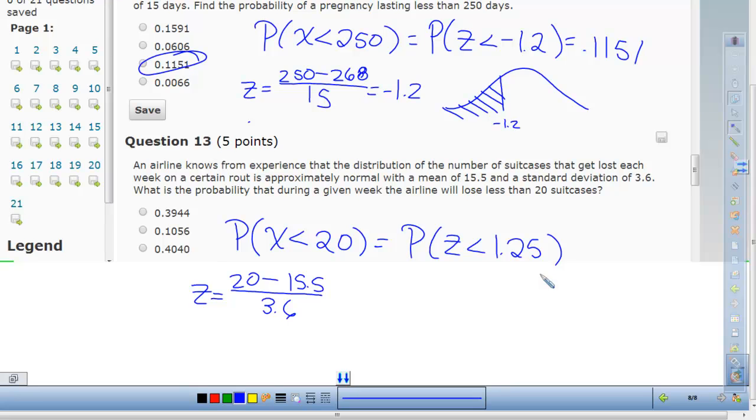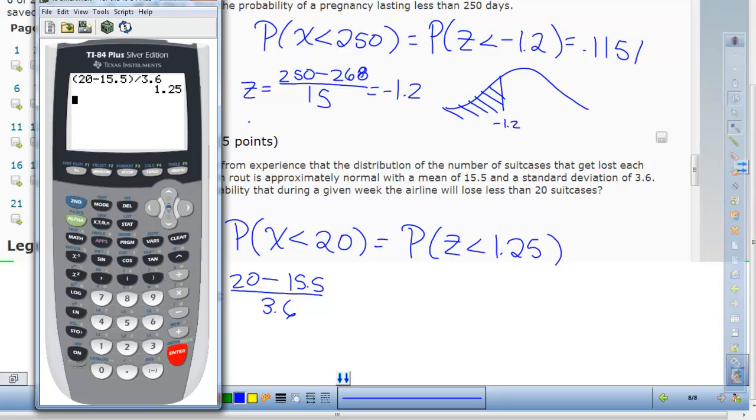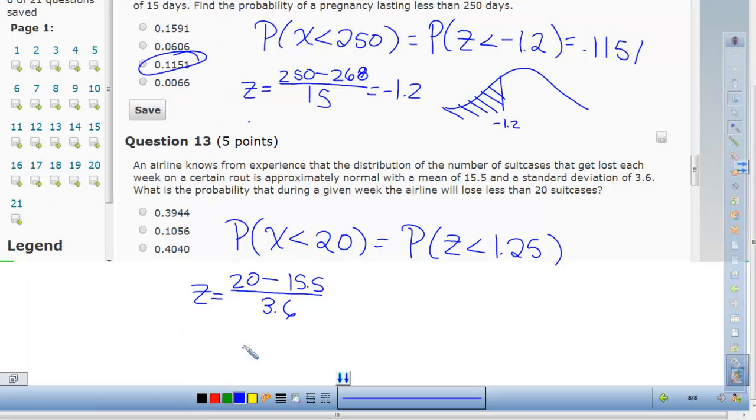Again, my upper bound is 1.25, lower bound is minus infinity. So second, number 2 is normal CDF. I won't put quite as many zeros since it doesn't make a difference, and the upper bound is 1.25. And so we get 0.8943, which must be the answer that's not shown.